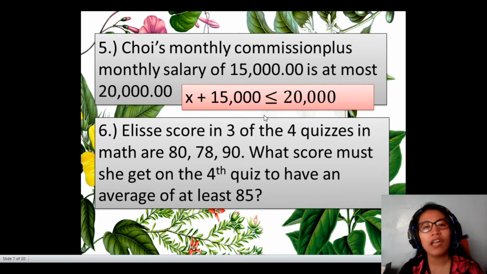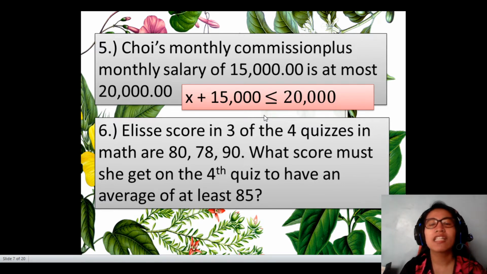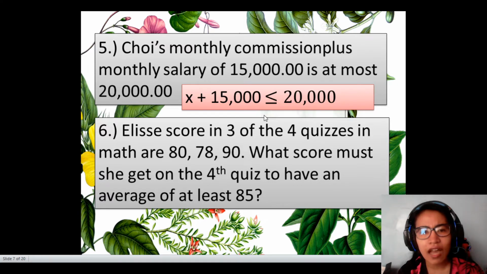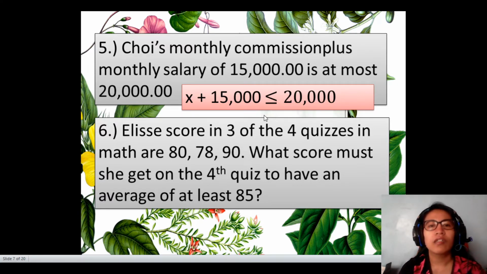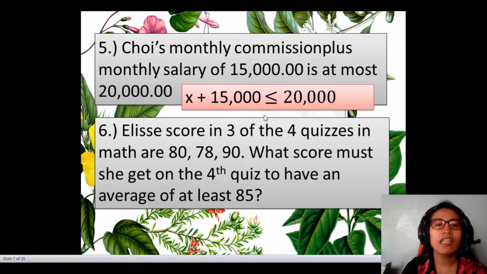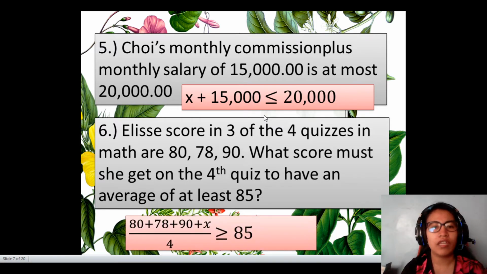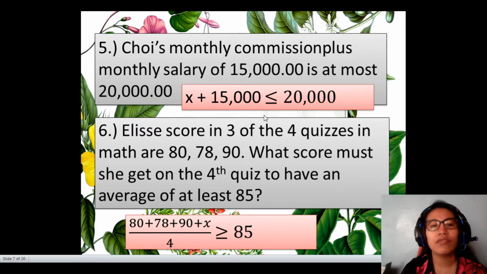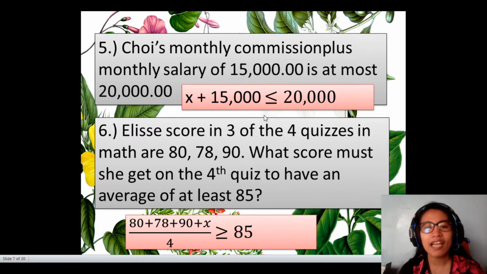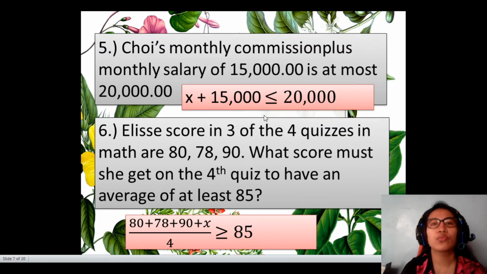So we can write it as 80 plus 78 plus 90, since it says average, then plus x over 4, since it is 4 quizzes. Then at least, greater than or equal to 85. So this is how you write that now: 80 plus 78 plus 90 plus x, all over 4, greater than or equal to 85.